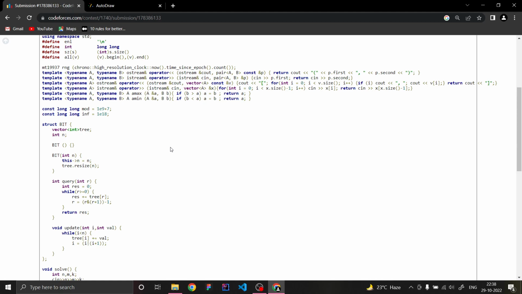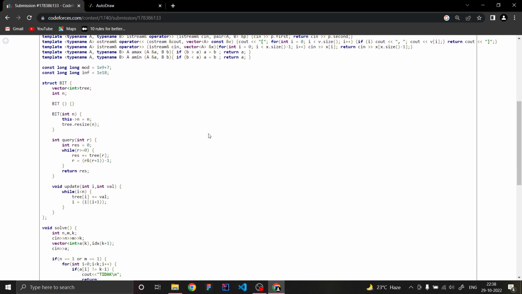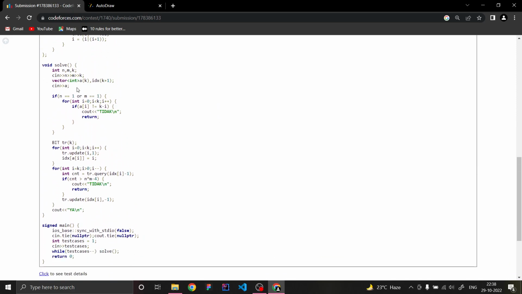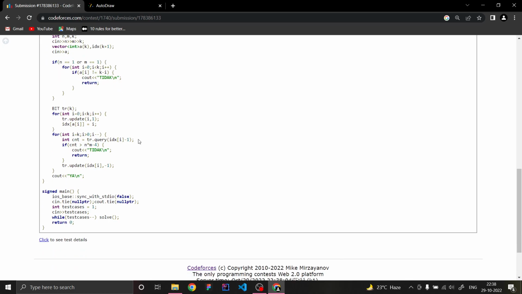The count will be the number of cards you have removed but that are not placed on the cell n, m. You can also take that count, but I have used the binary index tree, Fenwick tree, to count the number of cards which are not placed on the cell n, m and which occur before a particular index.